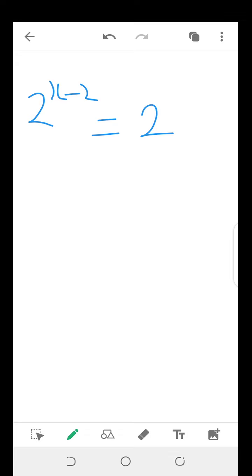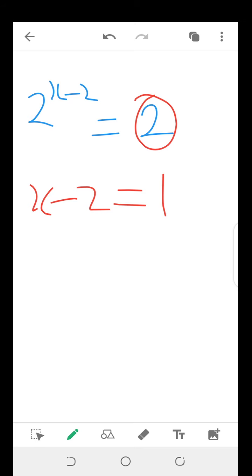So 2 here without an exponent means that it has an exponent of 1. When we equate them, because they have the same base, we say x minus 2 is equal to 1. Then we group like terms, so x is equal to 1 plus 2, because 2 now becomes positive, and we have x is equal to 3.